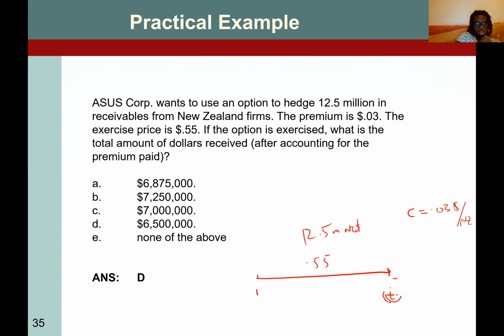The question is, you want to hedge your receivable. You are receiving 12.5 million NZ, and you enter into an option contract that for every 1 New Zealand dollar, you would give me $0.55. And you enter into a call option by paying $0.03 per New Zealand dollar as a premium.